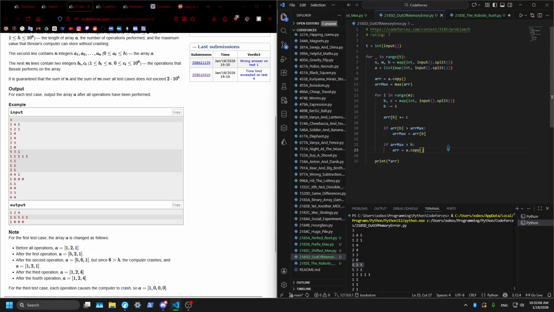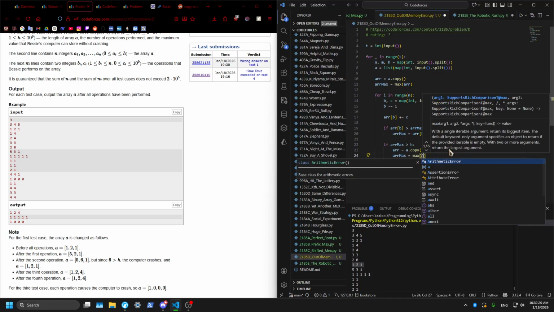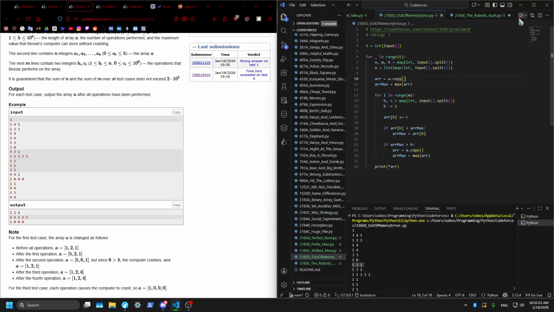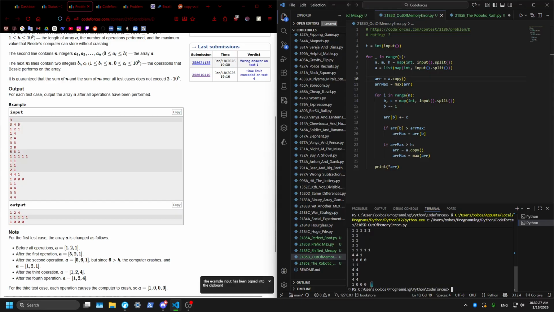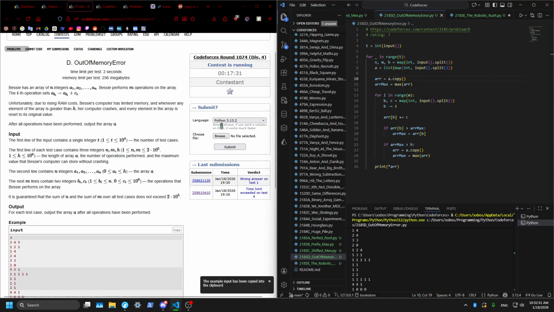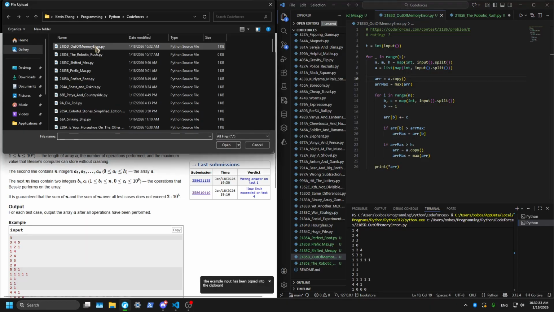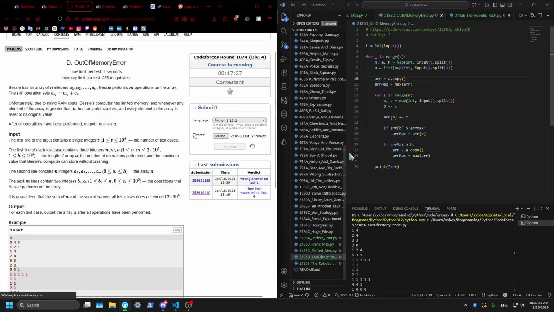So we need to add one more here. R max equals max R. This one's right, this one's right. Okay. Please speed. I need this.